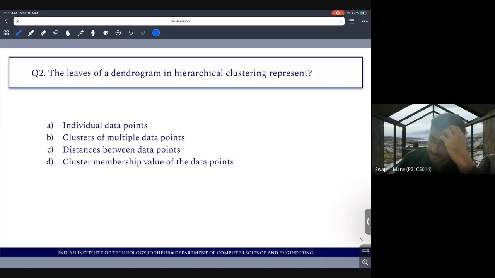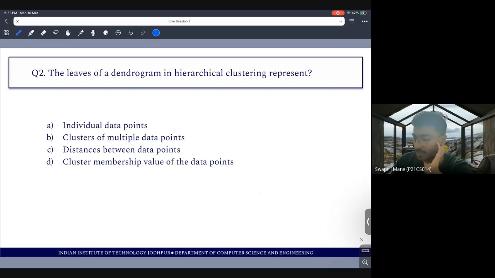So let's see what exactly hierarchical clustering is, as we mentioned in our first slides in the introduction section. What is the process of hierarchical clustering?